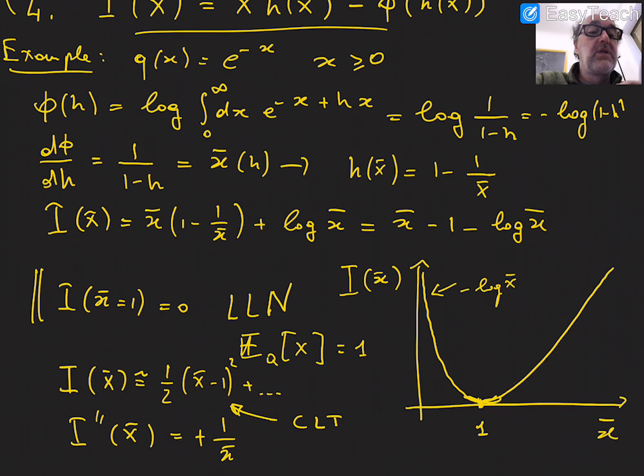Okay, so to summarize, this Cramér function contains in itself the law of large numbers and the central limit theorem, but it gives a lot more information on the probability of large deviations of the sample mean from its expected value.